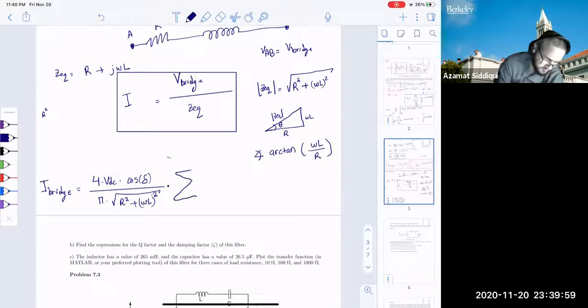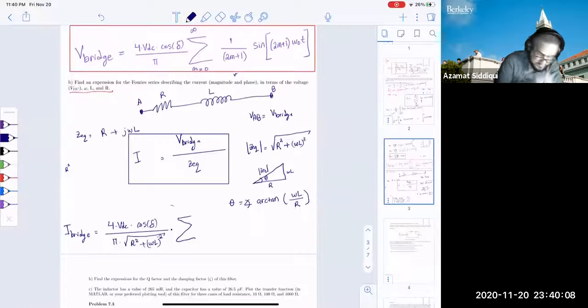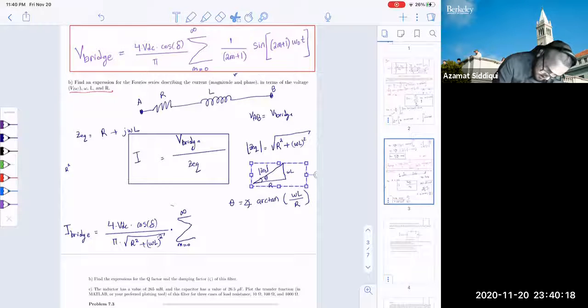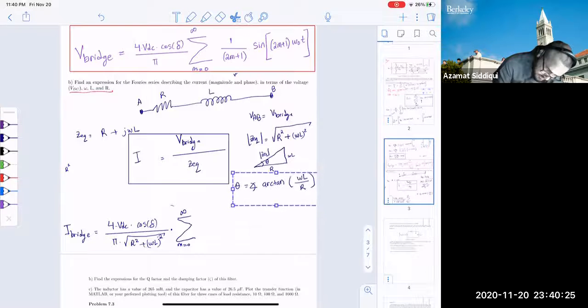Now, how you incorporate the phase is usually, you write this theta down inside where you have the angle. Let me move this one up so I have some space.